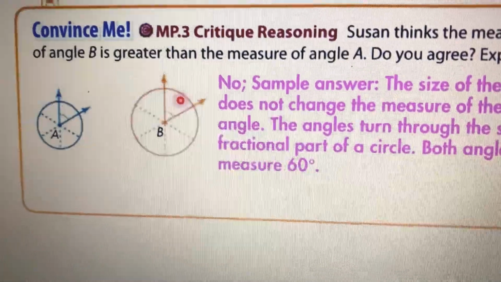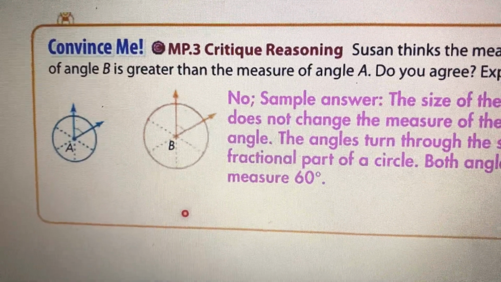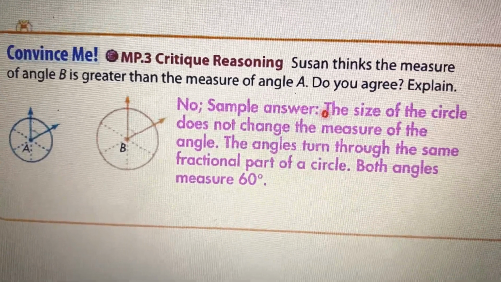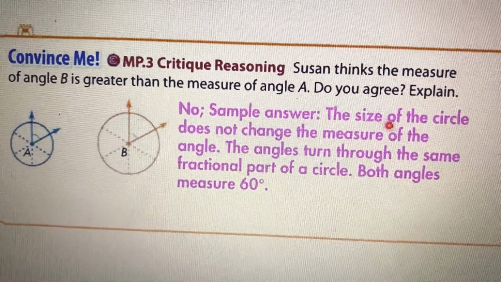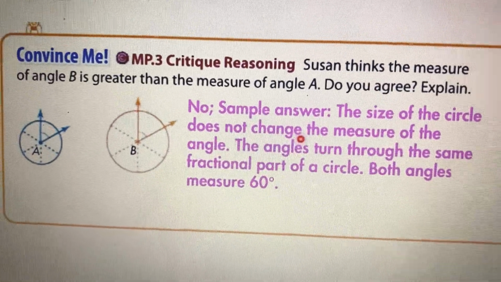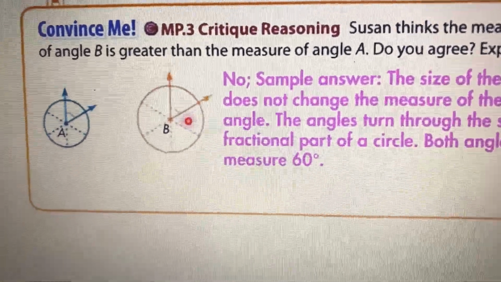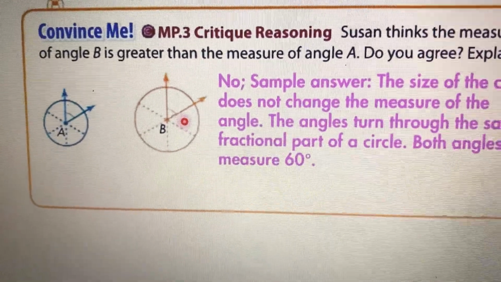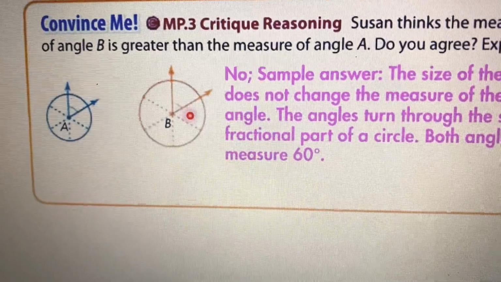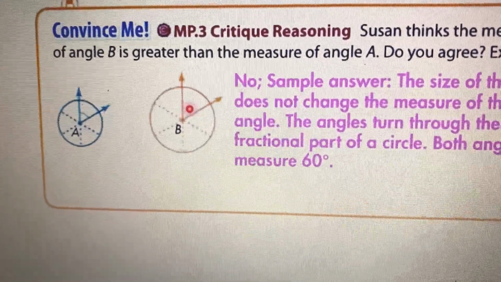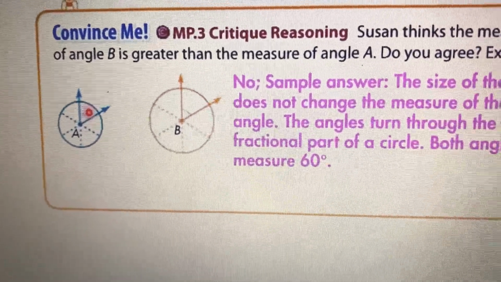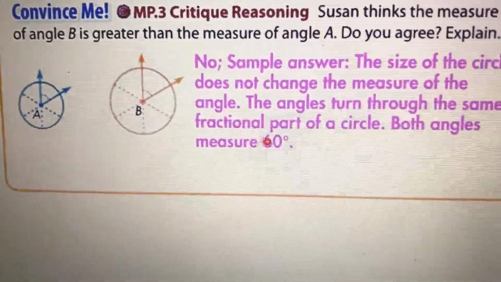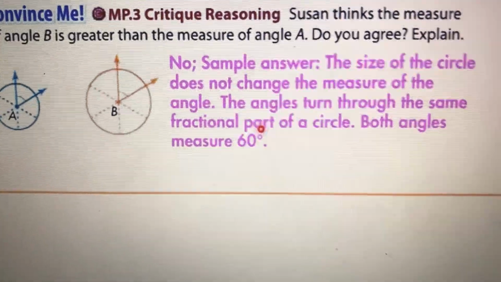So the measure of the angle for both of them is supposed to be equal. So no, I don't agree, because the size of the circle does not change the measure of the angle. Because here I took 1/6 of the circle, and in A also I took 1/6 of the circle, both of them have the same measure, which is 60 degrees.